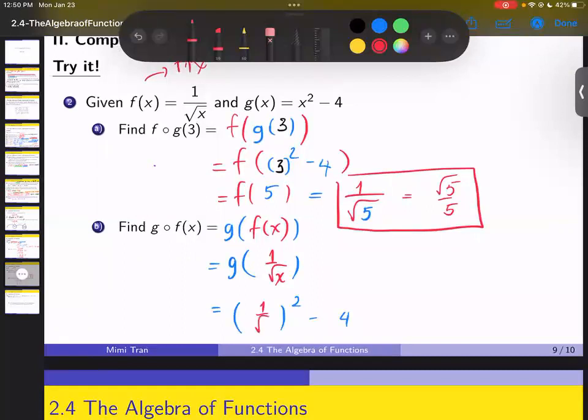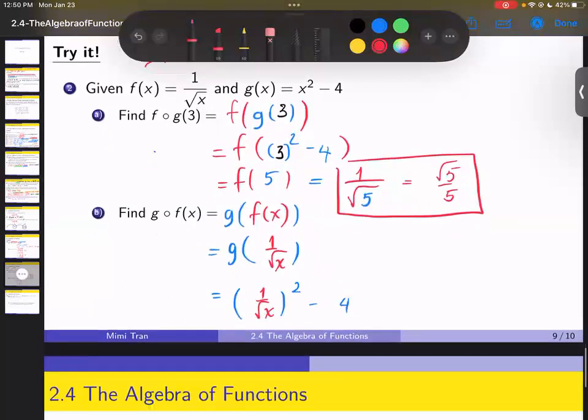Now plug it in. 1 over square root of x, squared, that's 1 over x, minus 4. You can leave it like that, or if you want, you can bring it into one fraction. It doesn't matter, it's the same thing.